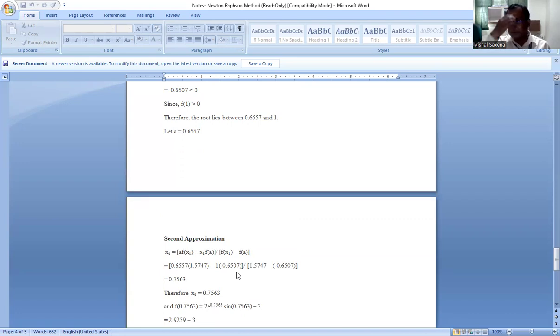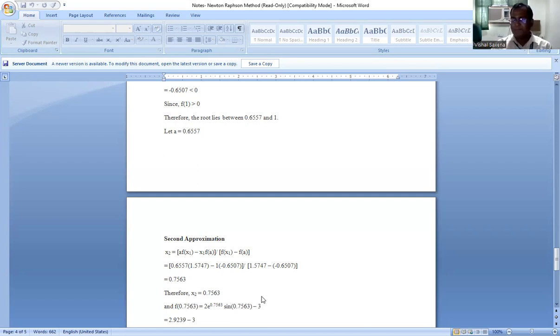Now apply the second approximation, that is x2 equals (a f(x1) minus x1 f(a)) divided by (f(x1) minus f(a)), and put in all the required values. Finally x2 is coming to be 0.7563.